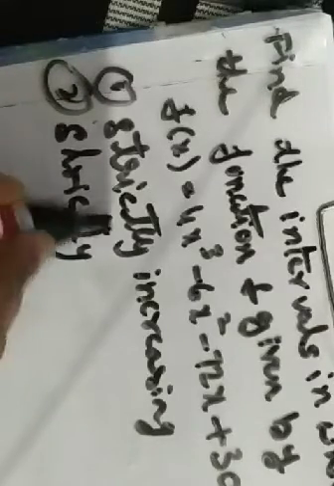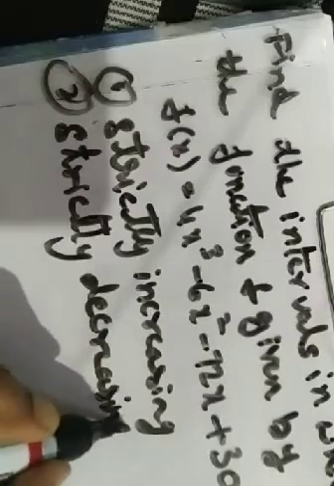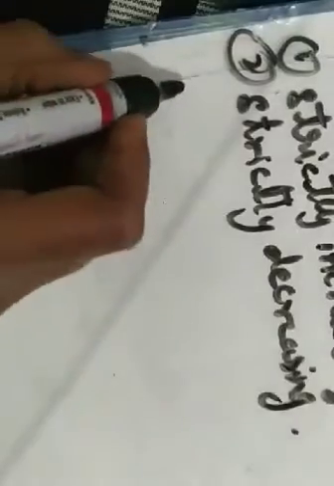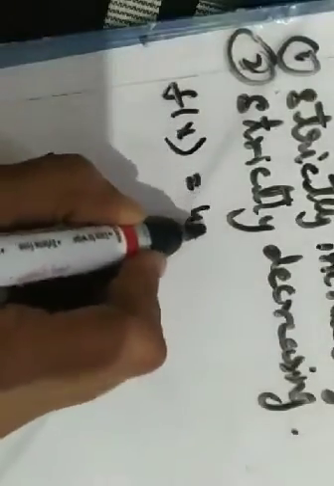Second one, strictly decreasing. So take the f of x. F of x is equal to 4x cube minus 6x square minus 72x plus 30.